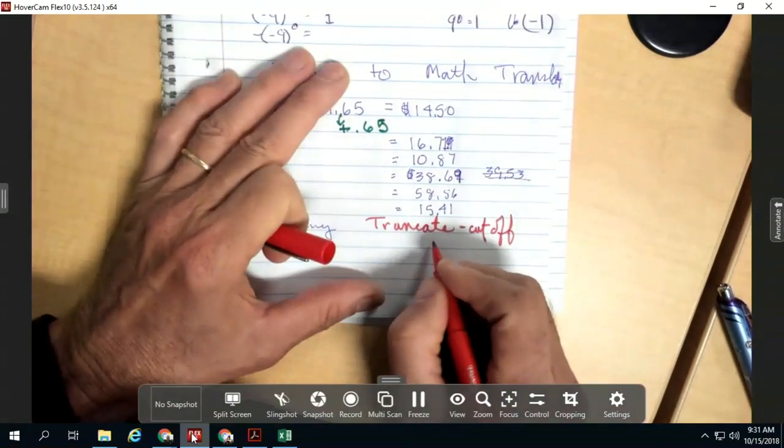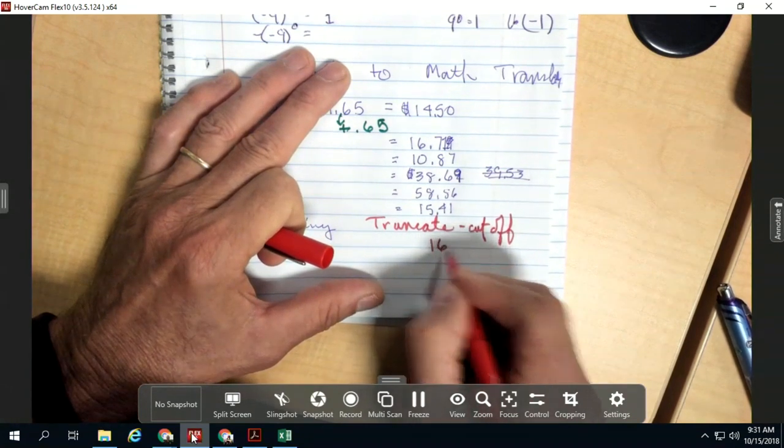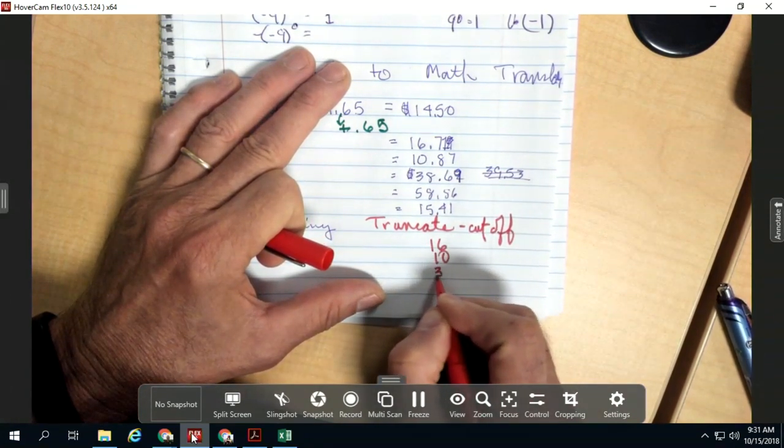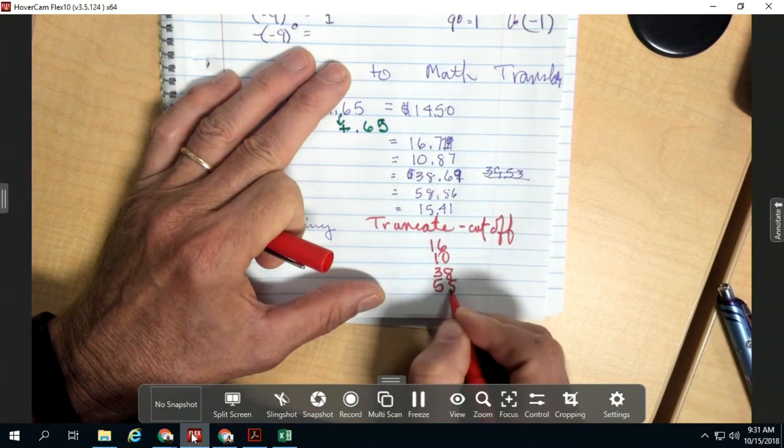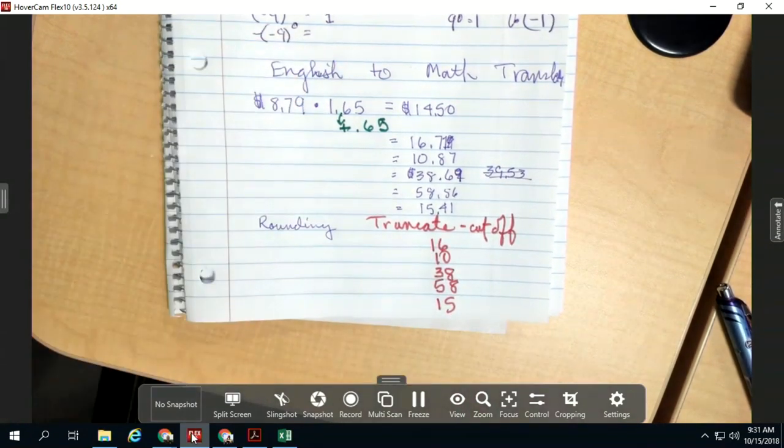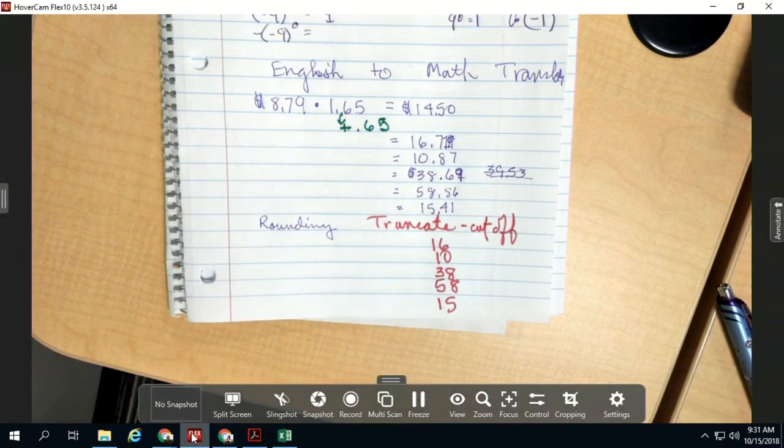So if we were going to truncate these, we would get 16, 10, 38, 58, 15. Where did I get those numbers from? Just cutting the cents off. I didn't care what it was. That is the most common mistake people make when they are asked to round a number.